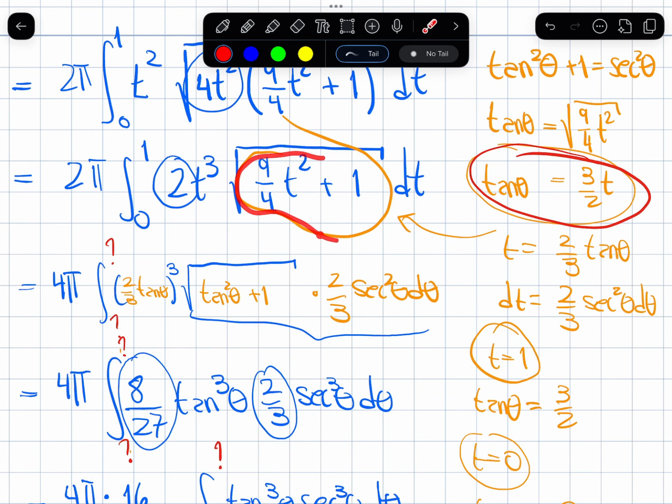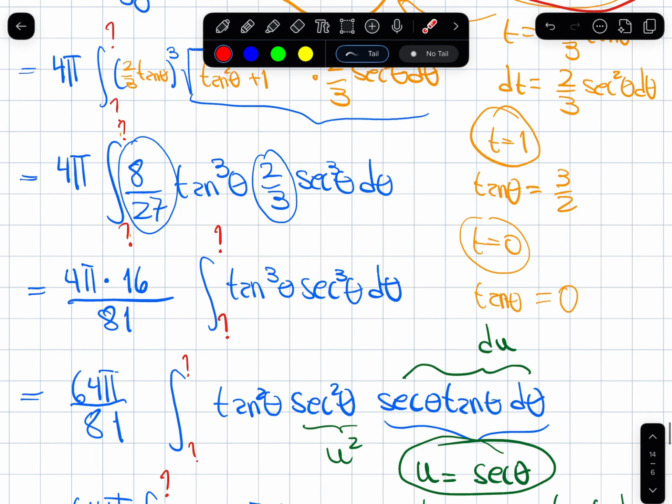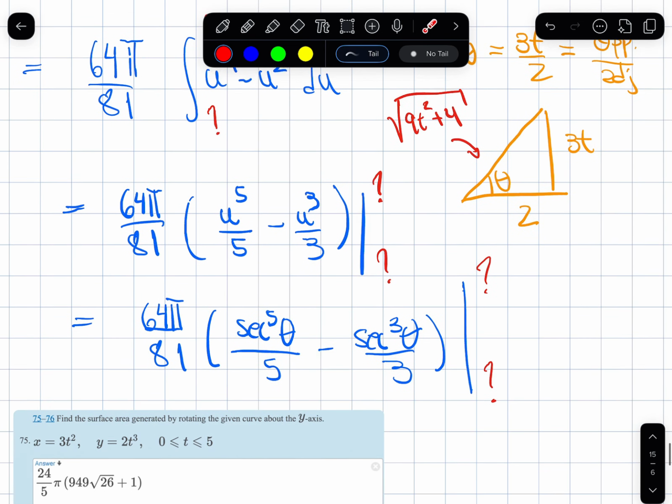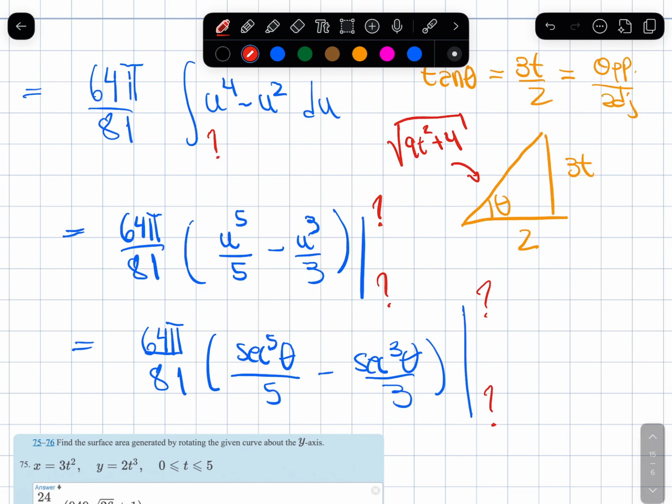See, that's exactly what secant squared of theta was, right here inside. So this root was the secant of theta. Now you can replace that with the secant being.